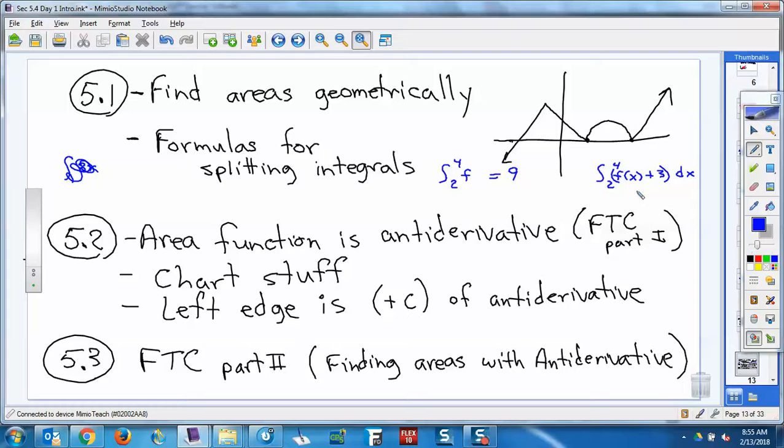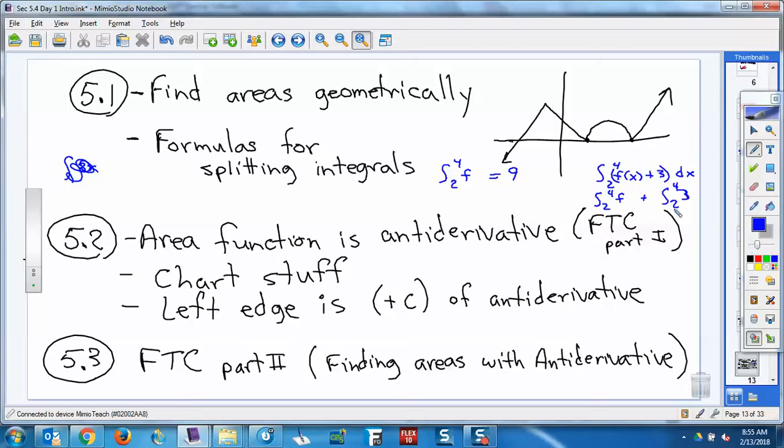You've got two ways to think about it. You can split it apart, and this part here is 9. What's this part? It'd be a horizontal line of 3 from 2 to 4, 2 wide, 3 tall, that's 6. So 9 plus 6, the answer would be 15, right?